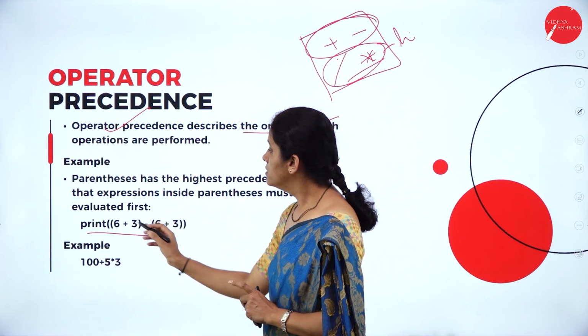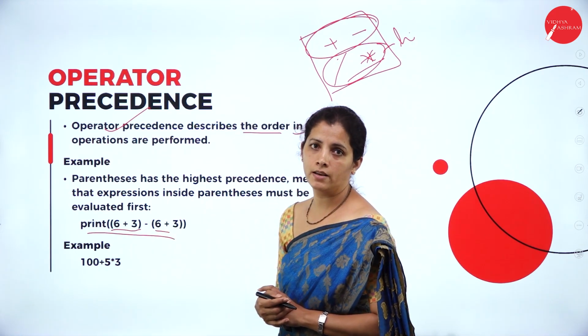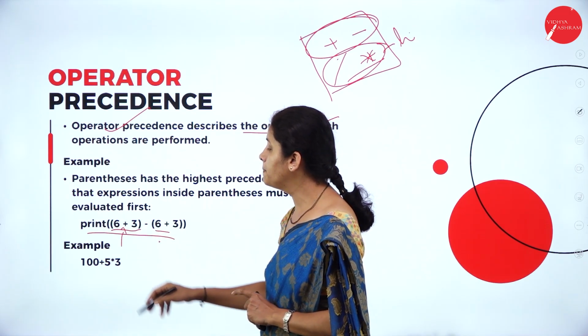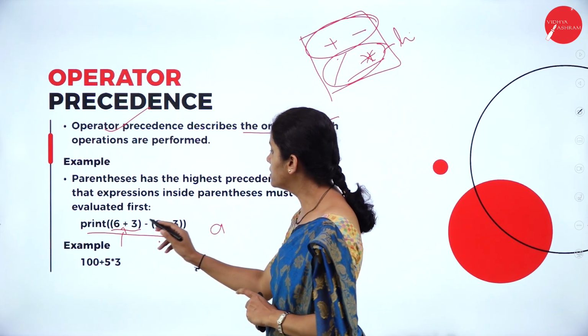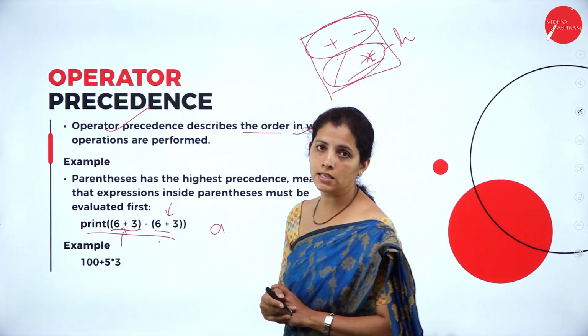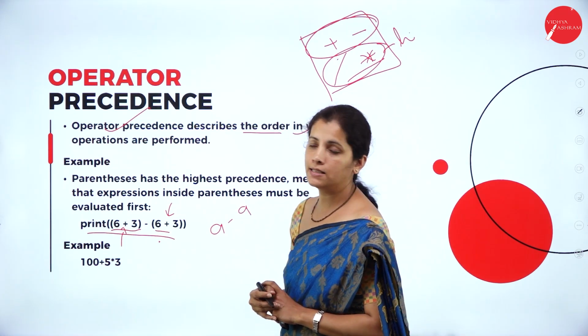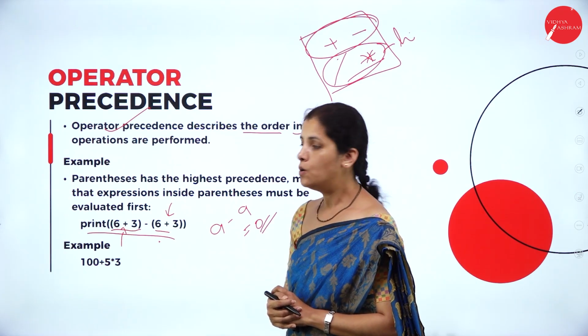Here also the same thing. So what is the output? I am going to get 6 plus 3, which is 9. Then I execute the other 6 plus 3, so 9. 9 minus 9, what is the output I am going to get? It is 0.